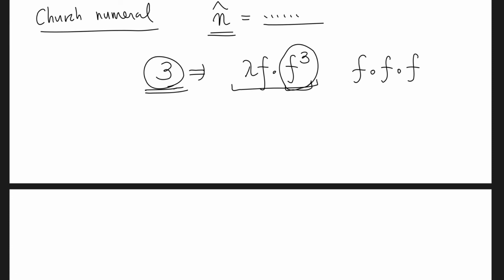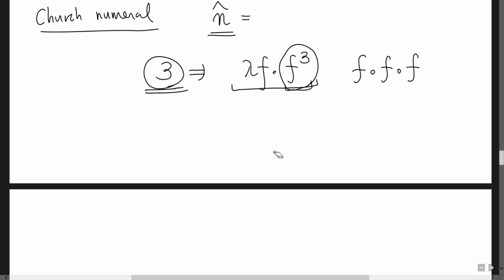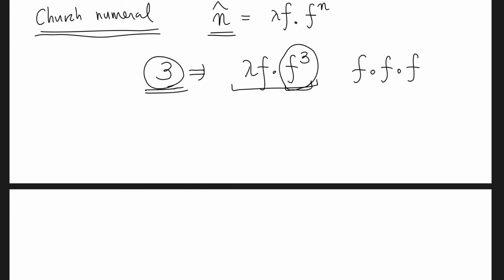And this natural number n we've encoded as a function, a higher order function, which takes function f, and it returns f composed n times. Now, that's pretty much the idea, the essence of a Church numeral. But it's very hard to read expressions denoting Church numerals.